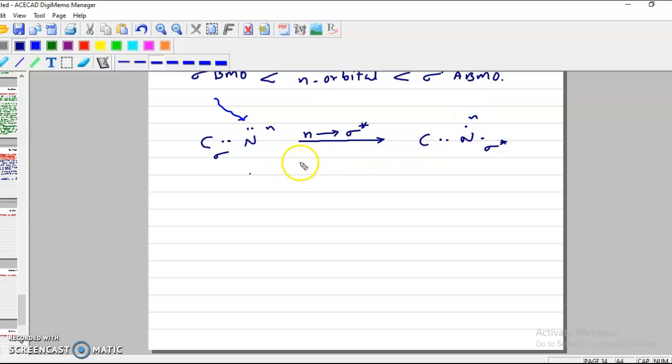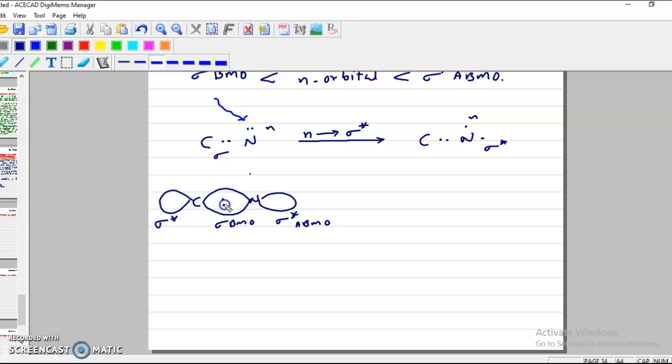Okay, so this happened. Now with reference to diagram we will show this way. There is sigma bond between carbon and nitrogen. This is sigma star orbital, sigma BMO, sigma star ABMO.